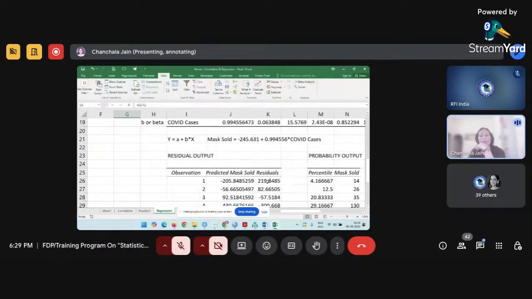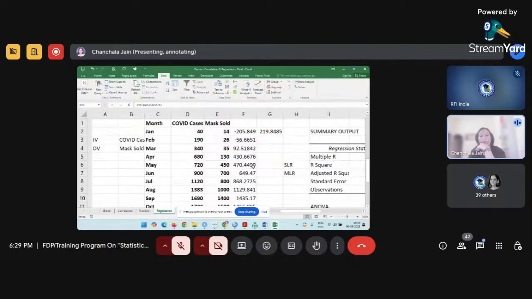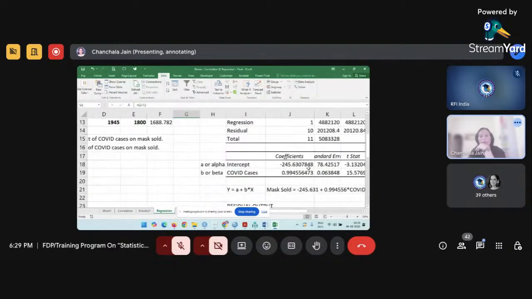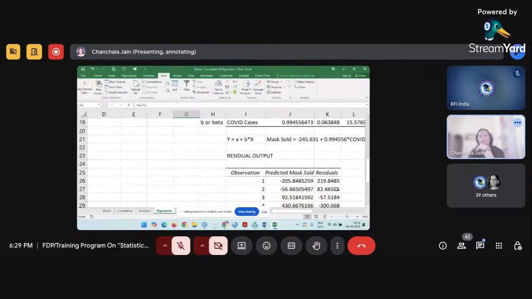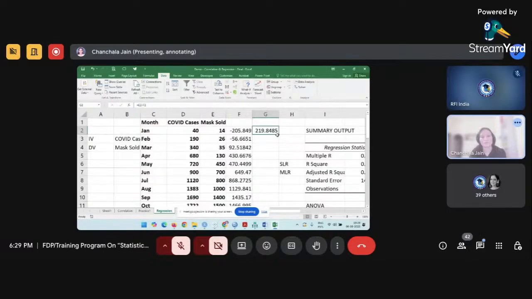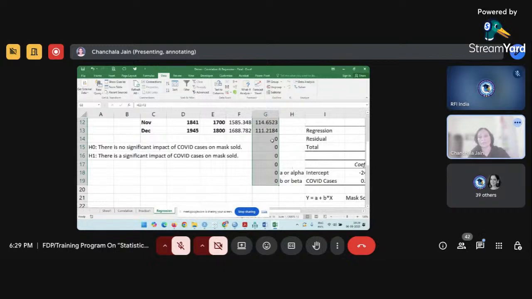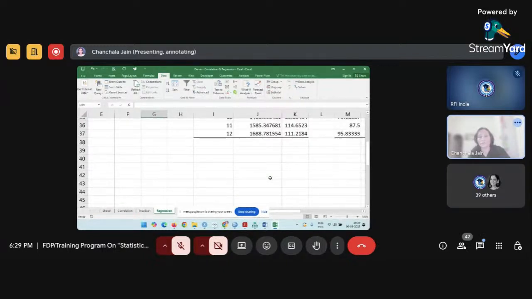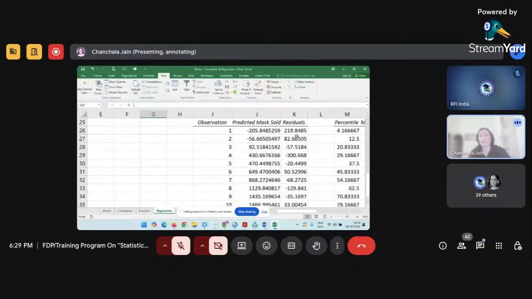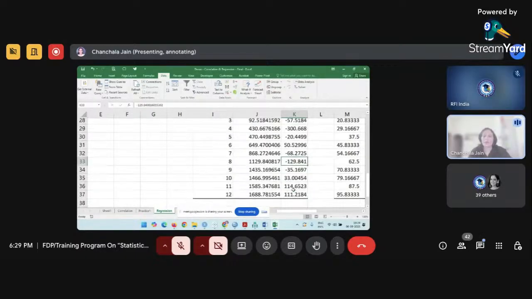You can find this is the residual we are getting, the same residual we are getting here also, right? So you can compare your figures. We are getting similar figures to those generated by Excel for us, right?